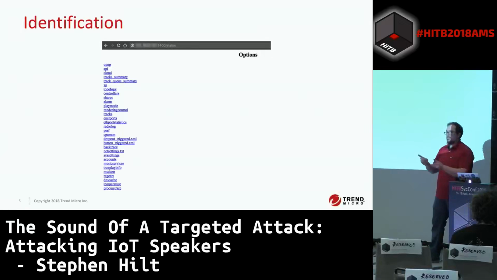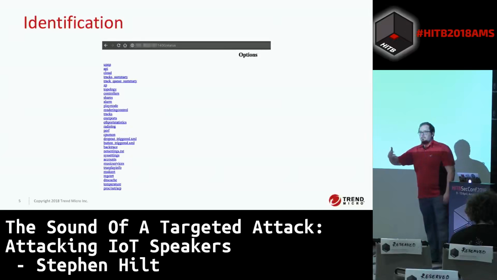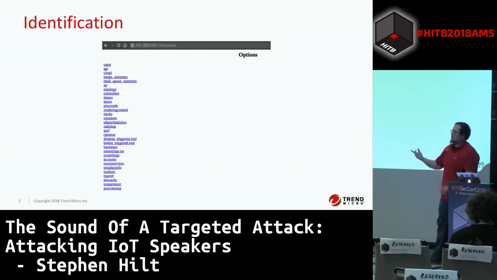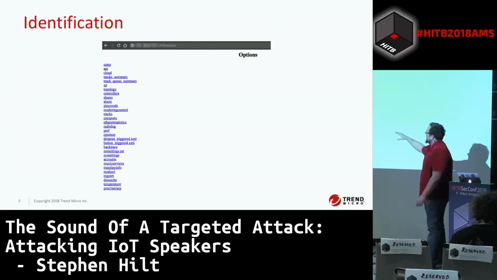Controllers are the devices that are controlling it. Shares: if you have any SMB shares, FTP shares, or anything like that you've pointed it to, it's all listed there in the contents of those directories. Alarm: if there's an alarm scheduled, such as one set up to play a sound at 6 a.m. and wake you up. There's also the play mode that depends on if it's playing, what it's playing.